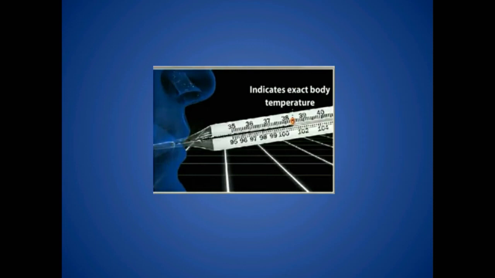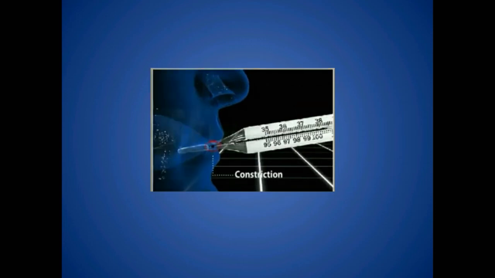Because of body heat, the mercury inside heats up and expands, rises in the capillary tube and indicates the exact body temperature. See over here.